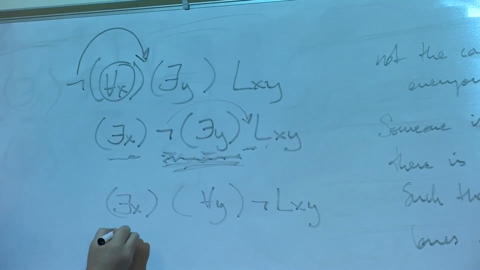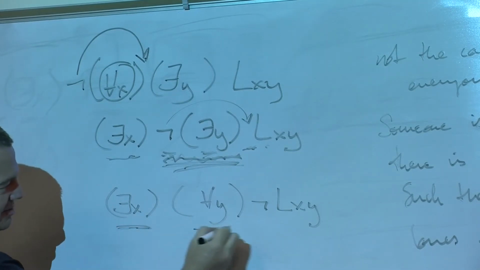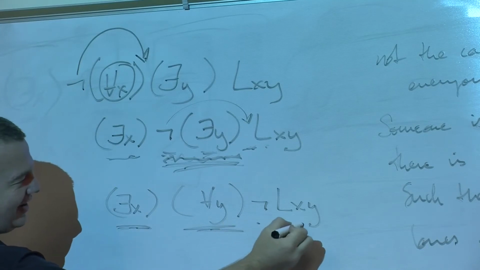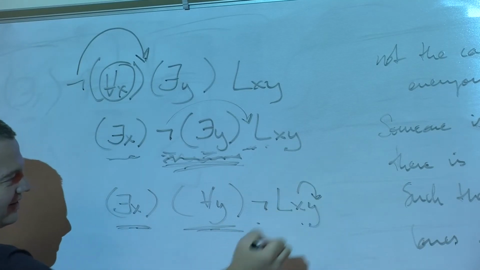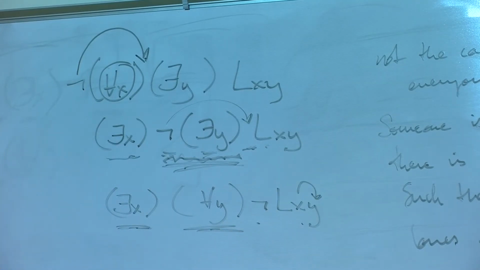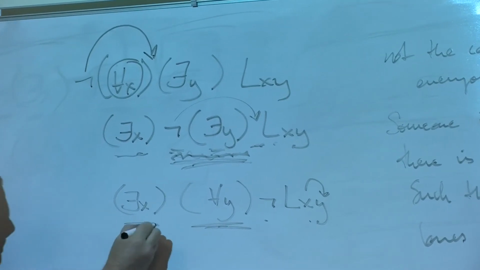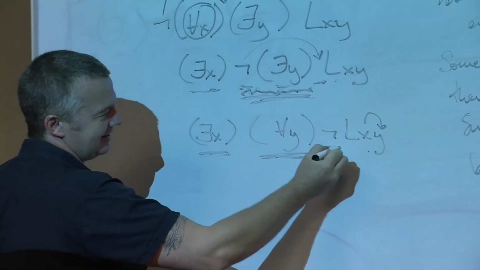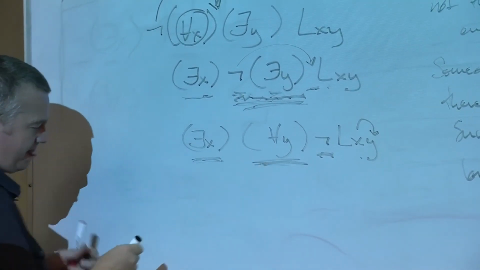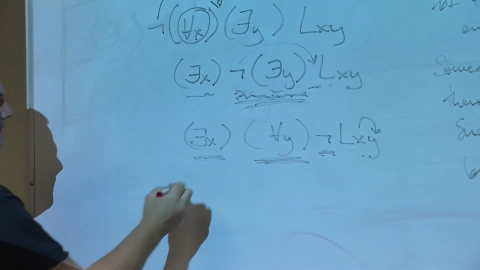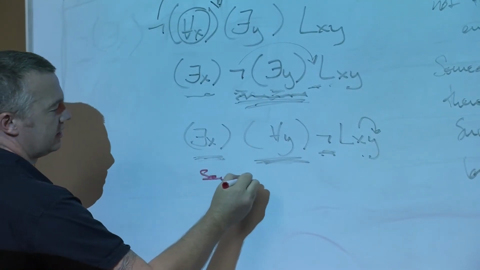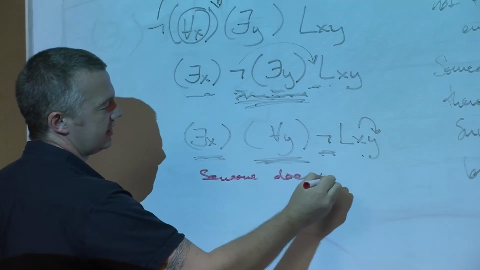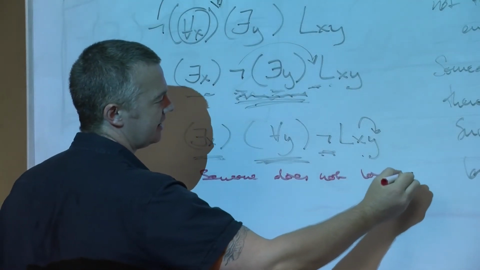We've got someone has the relationship to everyone of not loving that everyone. And to put it in more friendly English terms, it says someone doesn't love everyone. So someone does not love everyone.